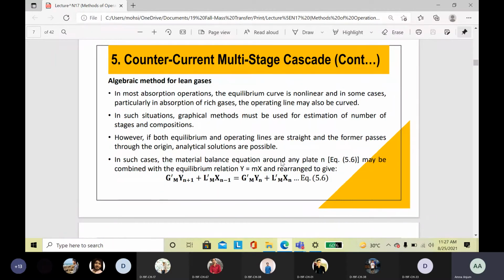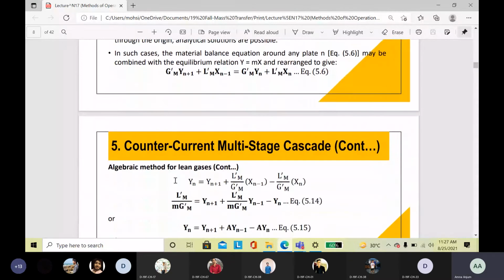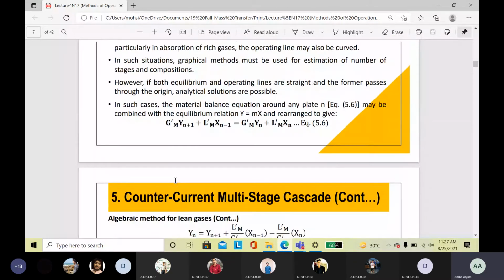In such cases, the material balance equations around a plate n, equation 5.6, may be combined with the equilibrium relation, that is y equals mx, and rearranged to give the equation.